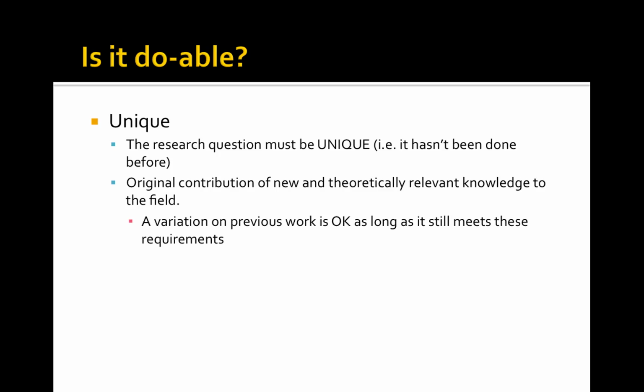One is that it needs to be unique. I mentioned this a little bit. It hasn't been done before. That's important because you need to make an original contribution to the available current academic research. You can use previous work and vary it just a tad, as long as it's new and unique.